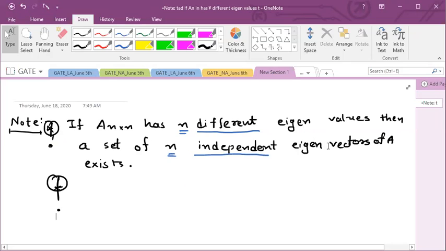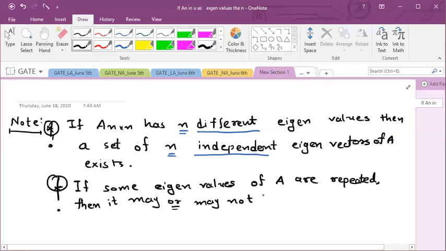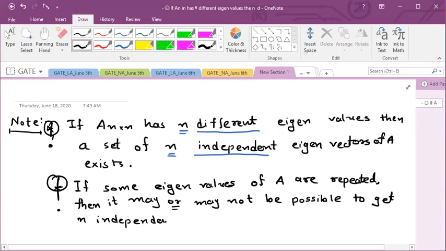So if some eigenvalues of A are repeated, then it may or may not be possible to get n independent eigenvectors of A, for an n by n matrix.